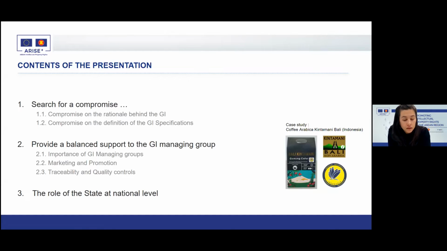The second group of recommendations applies after the GI registration. It is to provide balanced support to a GI managing group that is established locally. And the last group of recommendations is more oriented to public actors at national level.